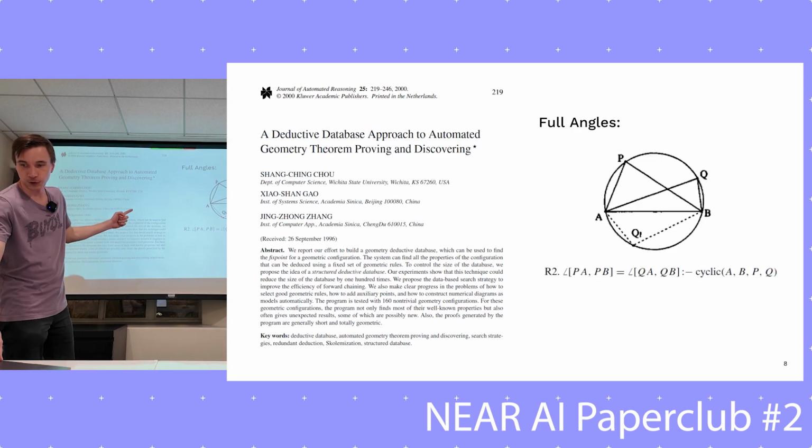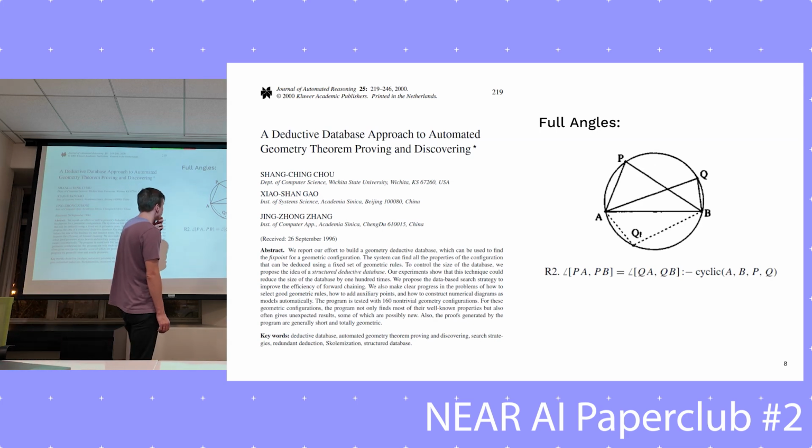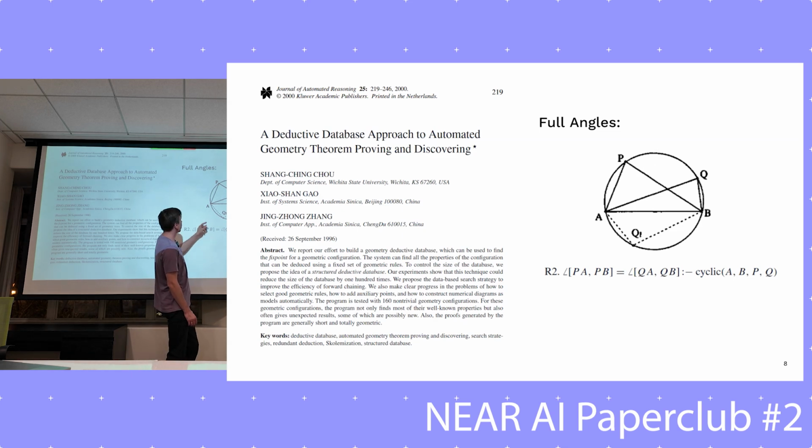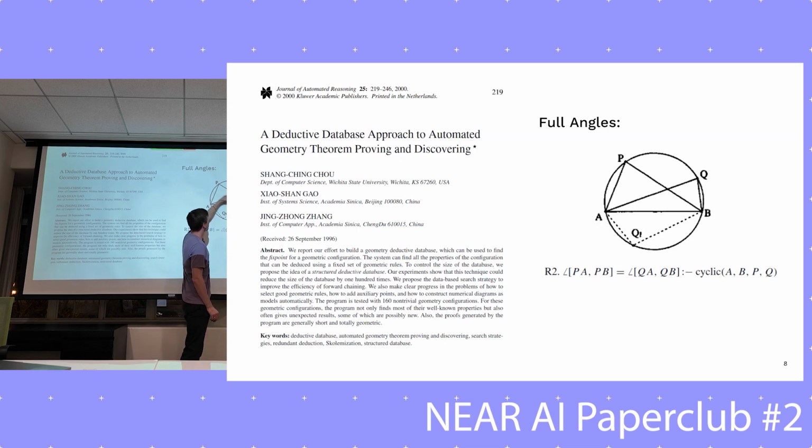Even in the example that we used for the rules, you will notice that they say the angle between PA and PB is equal to the angle between QA and QB. But that is not a sufficient condition if you were using angles as 2 rays, because that angle could be AQB or APB.